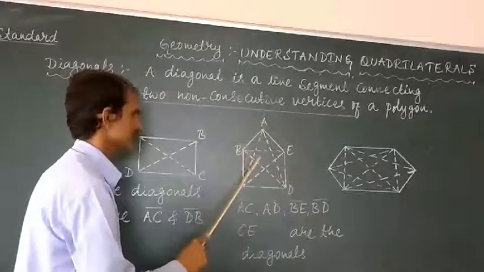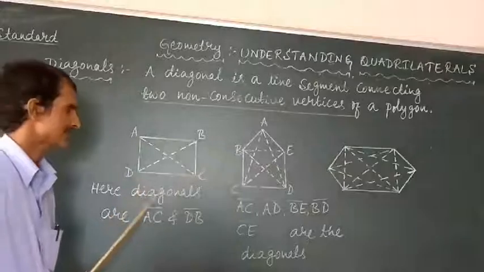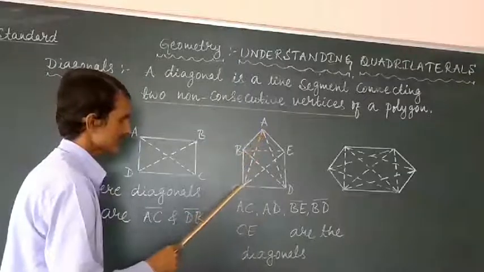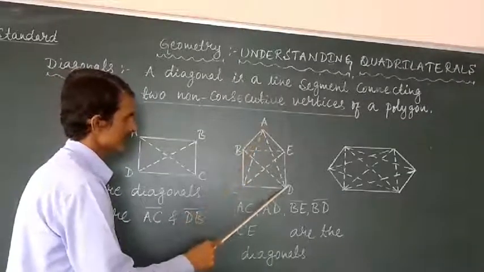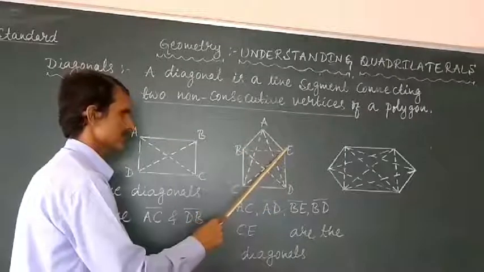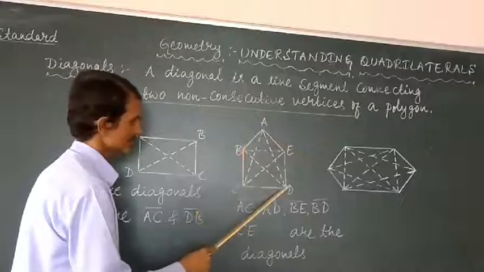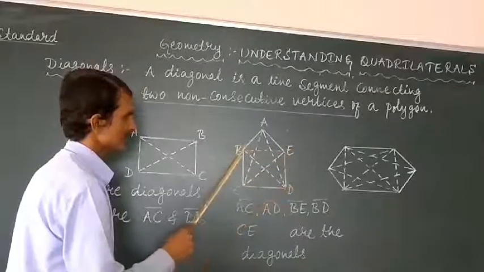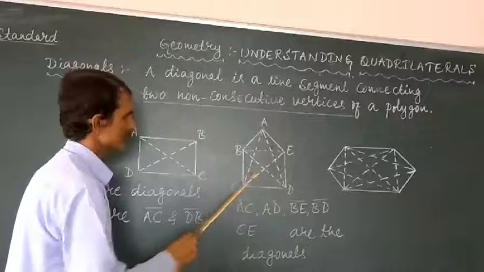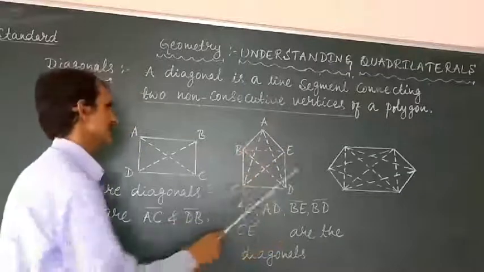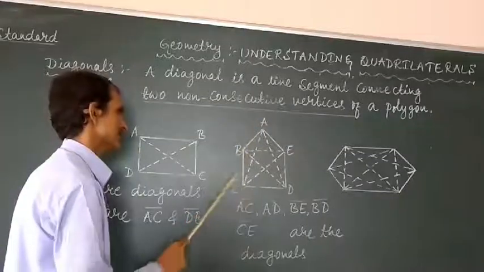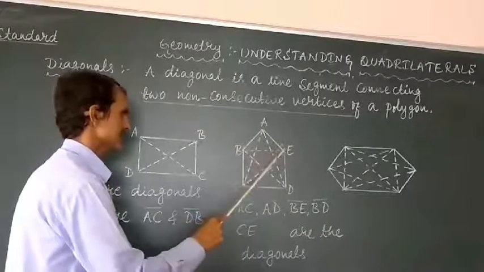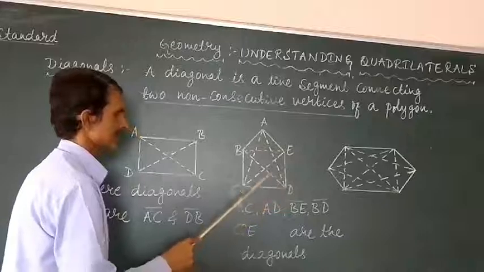If we are going to write the diagonals, A is connected to C, A is connected to D, B is connected to E, B is connected to D, C is connected to A, and C to E. Similarly, D to B, D to A, E to C, E to B. Therefore, in this pentagon, the diagonals are AC, AD, BE, BD and CE.